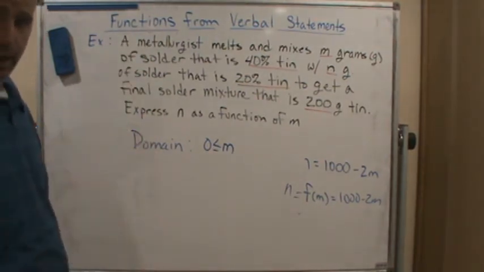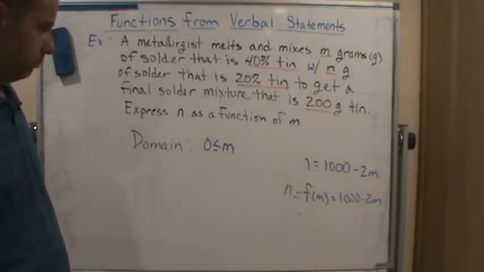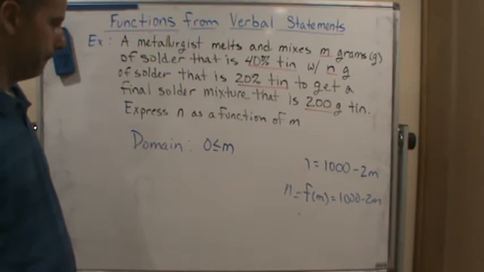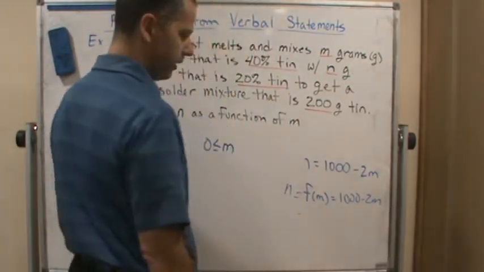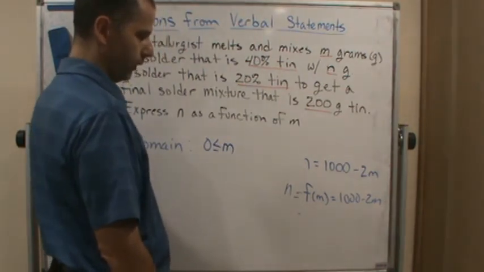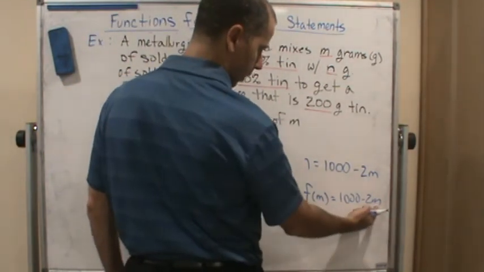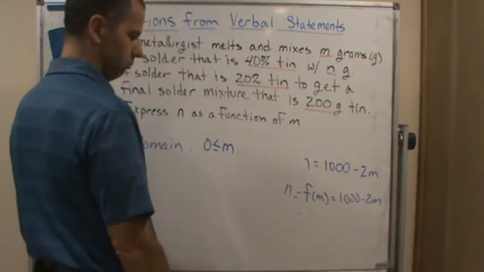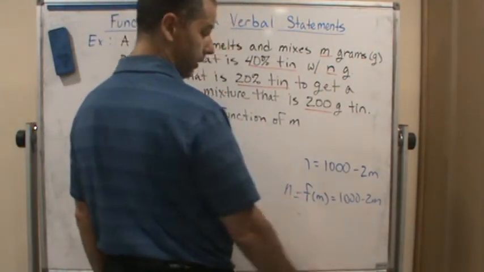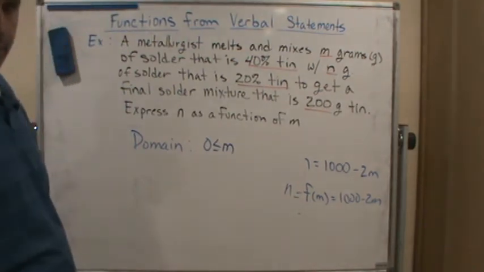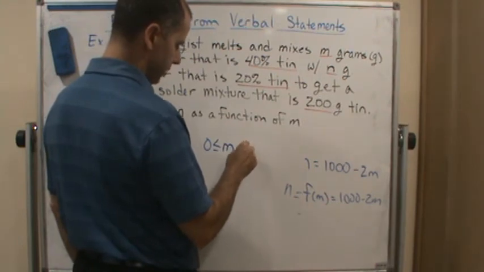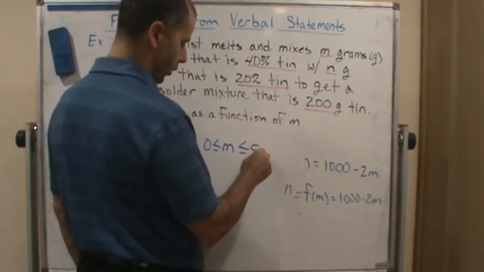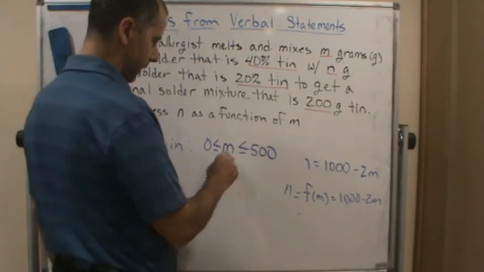Can I have 1,000,000 pounds of solder? No. Because what happens when m is 500? When m is 500, this becomes 0. And what happens if m is bigger than 500? Well, all of a sudden, n becomes negative. So guess what? m is restricted to being no bigger than 500 grams.